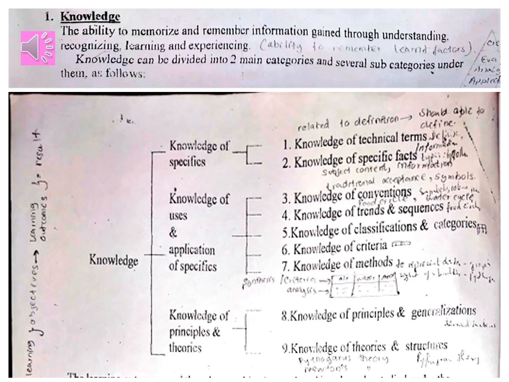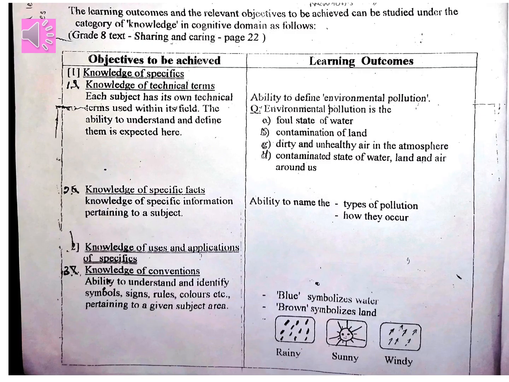Once I have explained this, we can come to this chart. The learning outcomes and the relevant objectives to be achieved can be studied under the category of knowledge in the cognitive domain as follows. We have to set our objectives under this knowledge.